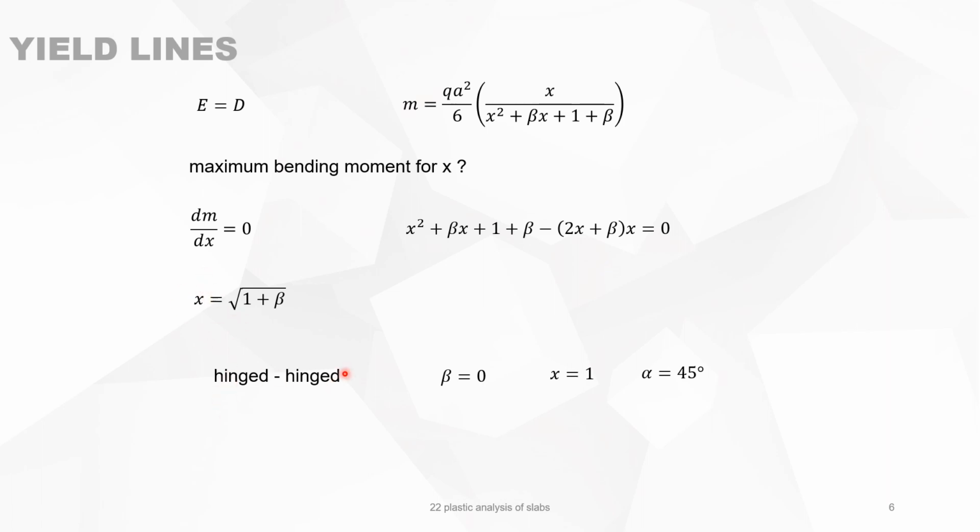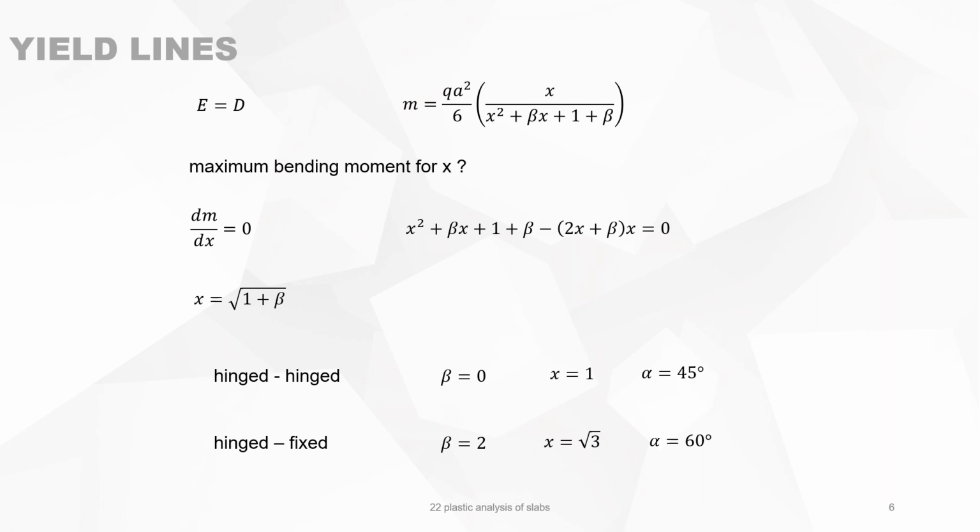When it's hinged, then beta is 0, because there is no hogging bending moment. That means that x is 1 or alpha is 45 degrees, which is in fact what we are using in the 30, 45, 60 degree rule. When it's hinged, it's 45 degrees. When it's fixed, then beta is 2, then x will be square root of 3, and then alpha is 60 degrees.